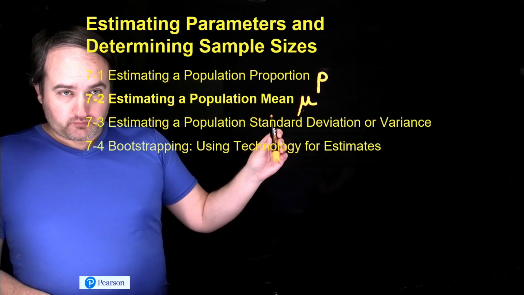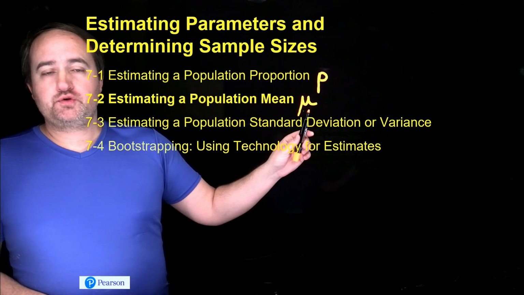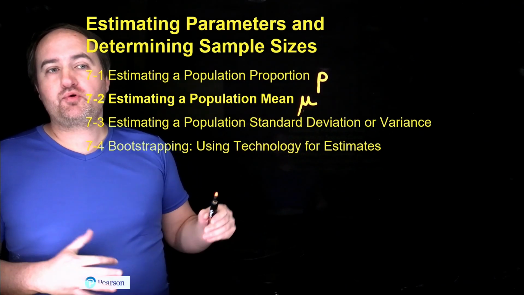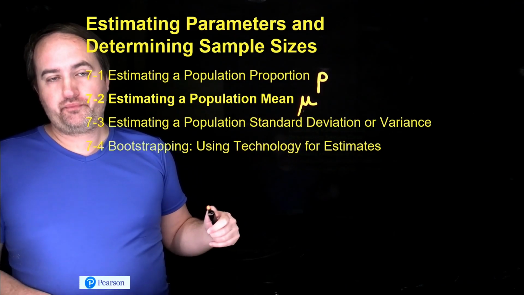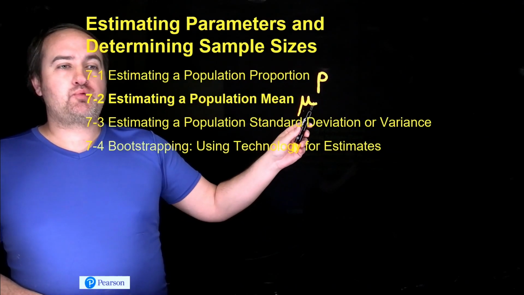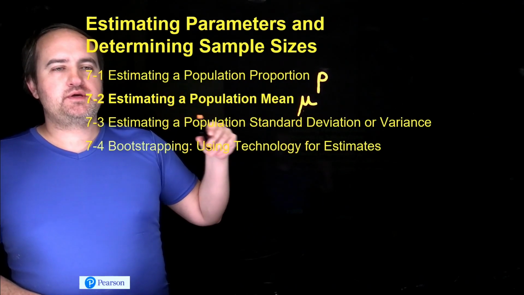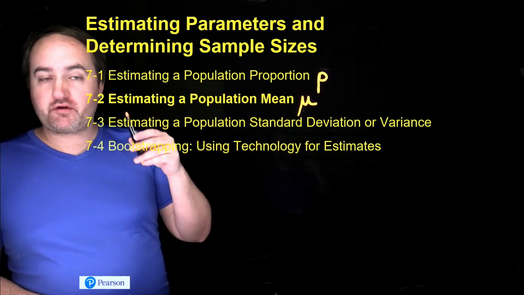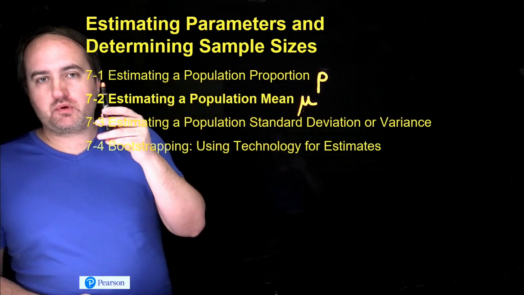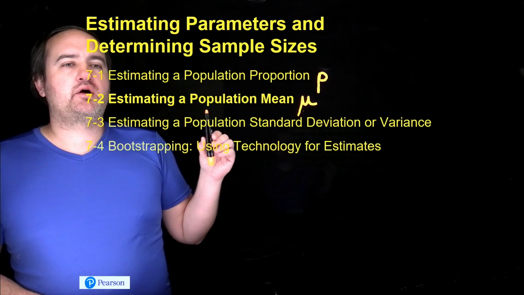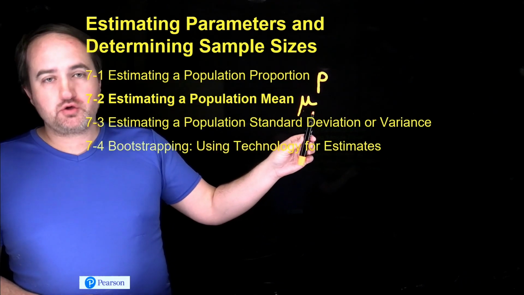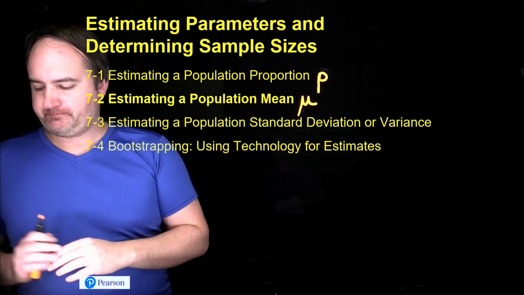And don't get mu confused with the sample mean. So the sample mean is actually x bar. X bar is going to be our point estimate that we're going to be using to construct a confidence interval, just like we did in 7.1. But now our confidence interval is going to be for mu instead of for p.